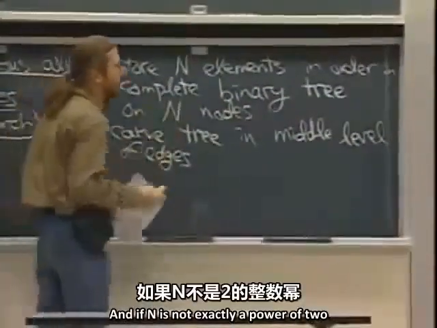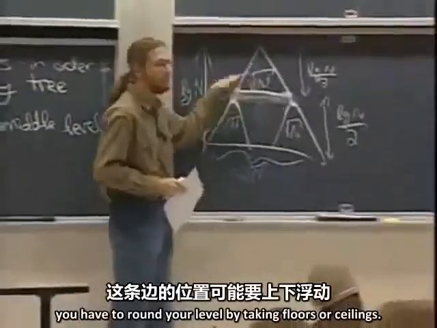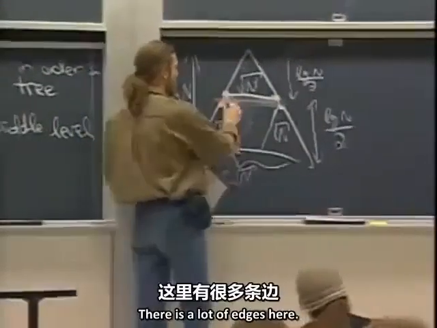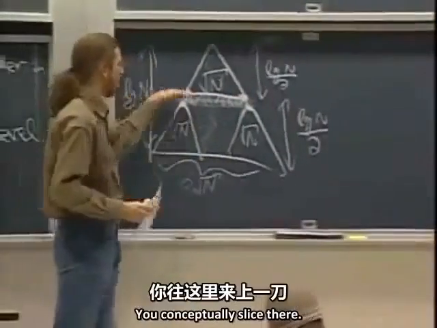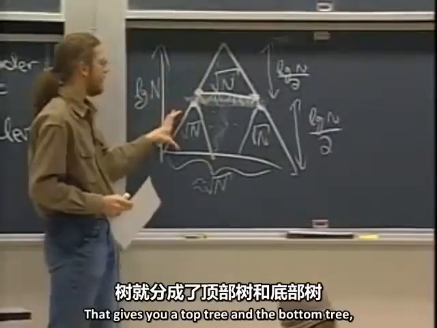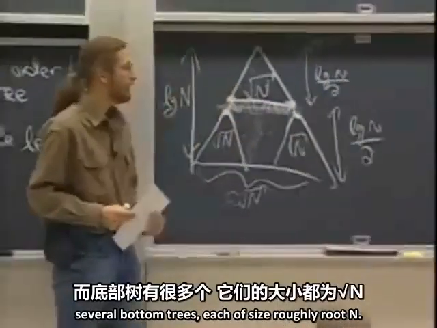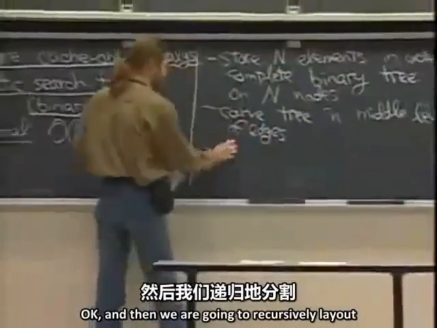And if n is not exactly a power of 2, you have to round your level by taking floors or ceilings, but you cut roughly in the middle level of edges. There's a lot of edges here. You conceptually slice there, that gives you a top tree and several bottom trees, each of size roughly root n.